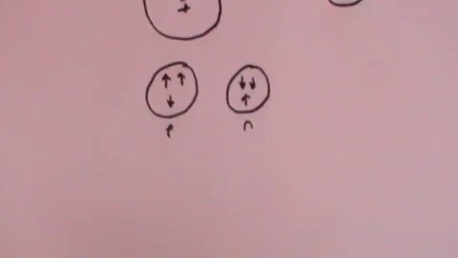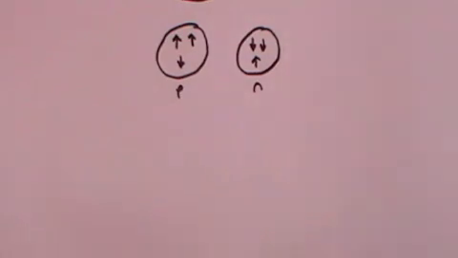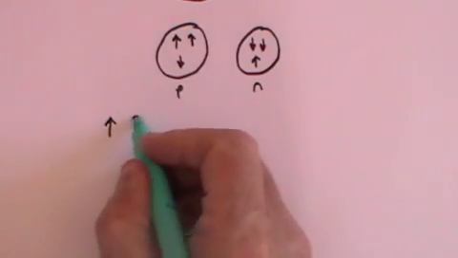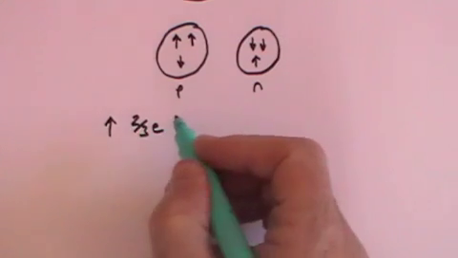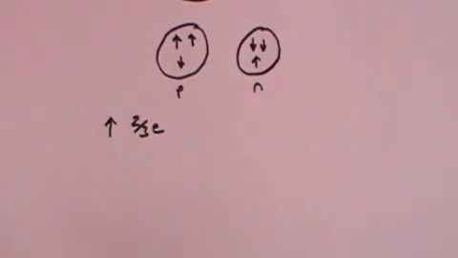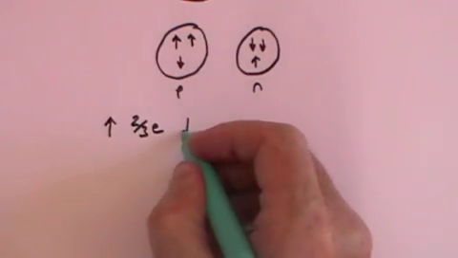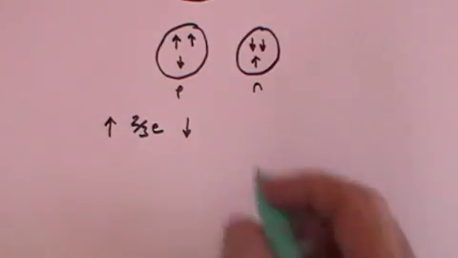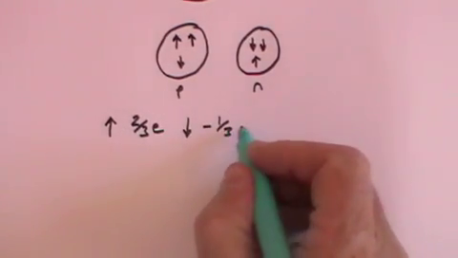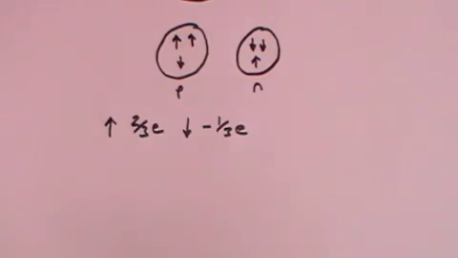Those quarks are electrically charged. An up quark has a charge of 2/3 of that of an electron, but it's positively charged rather than negative. And a down quark has minus 1/3 of an electron, so that is negatively charged.